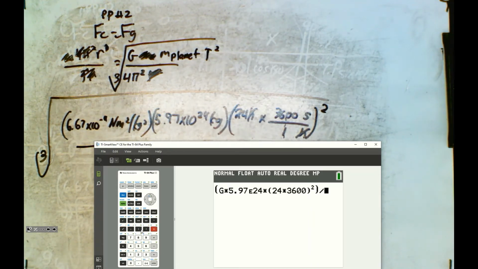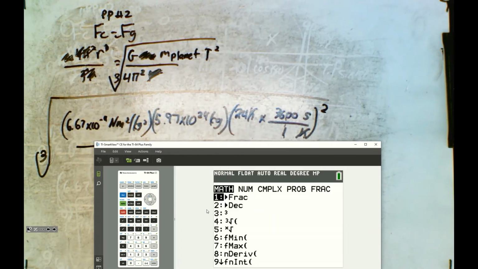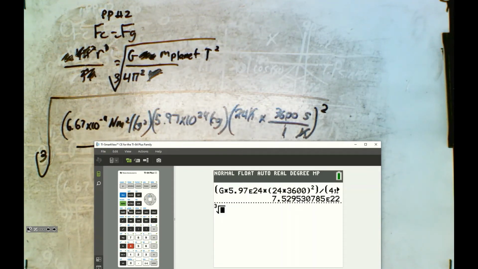And then I'm going to divide it by 4 pi squared on the bottom. And I get this, and I have to remember to cube root. And to cube root, you can just click on this math button here, and it's the fourth one down. So if you click math 4, it'll cube root it. And then second negative will plug in your last answer, and you get this as your answer.